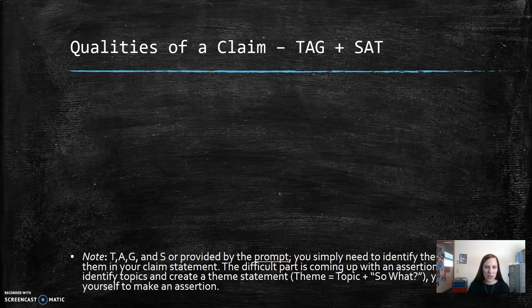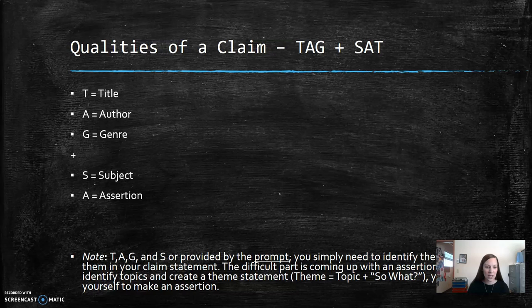Okay, so qualities of a claim, we've got TAG SAT. Quick reminder, you want to use the title of the short story, the author, the genre, which is that it's a short story, and then this is the harder part, the subject, well, kind of. That can be offered to you by your prompt. In this case, it's a general prompt, so you're going to have to use a subject that you identified probably through your theme work.